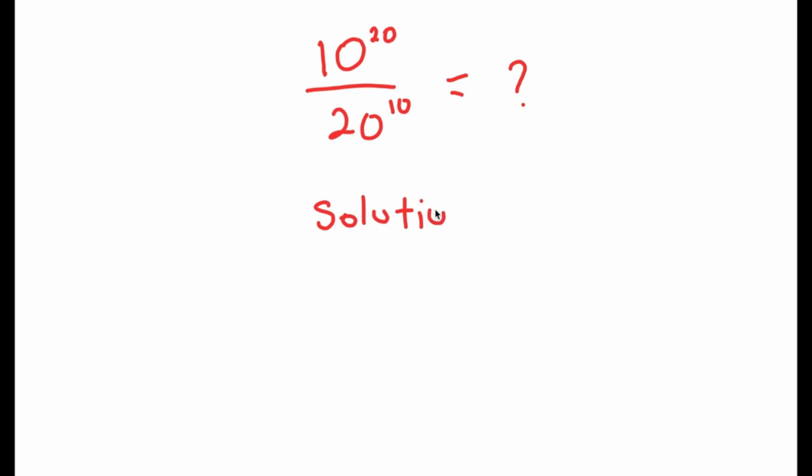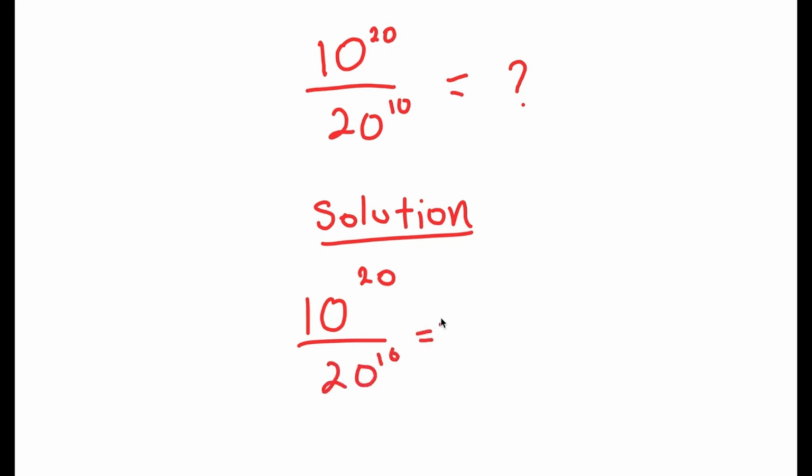Alright, so in this video, I'm going to solve the problem 10^20 over 20^10. So I want to find the value of this. So for my solution, what I'm first going to do is rewrite this as 10^20 over 20^10.